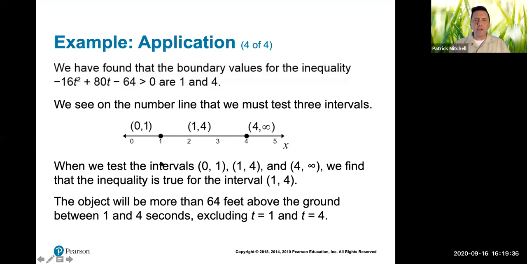When we test the intervals 0 to 1, 1 to 4, and 4 to infinity, we find that the inequality is true for the interval from 1 to 4, which means the object will be more than 64 feet above the ground between 1 and 4 seconds, excluding t equals 1 and t equals 4, because at those times, the object is exactly 64 feet above the ground. So they don't make it into the solution set, just barely.